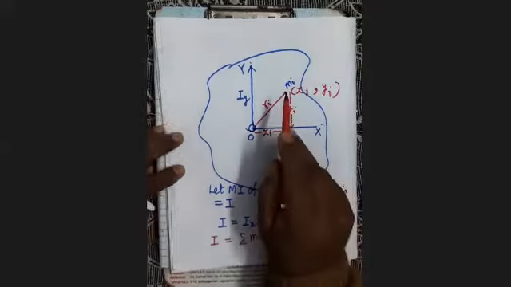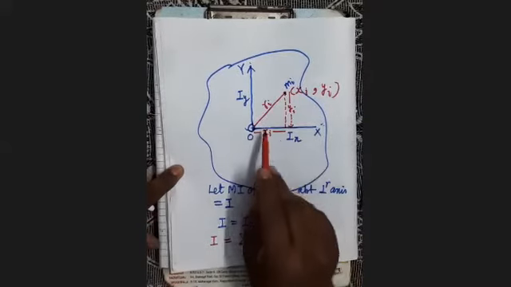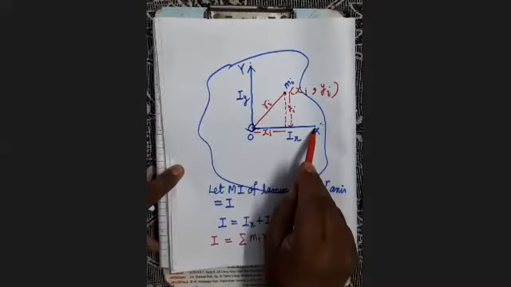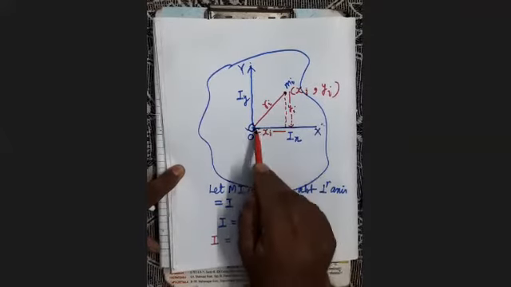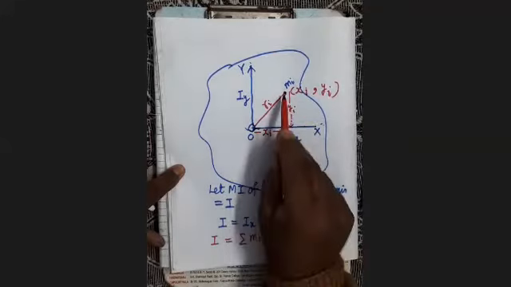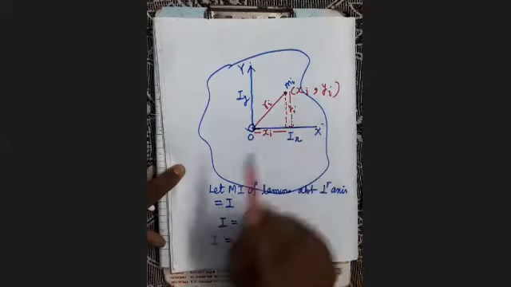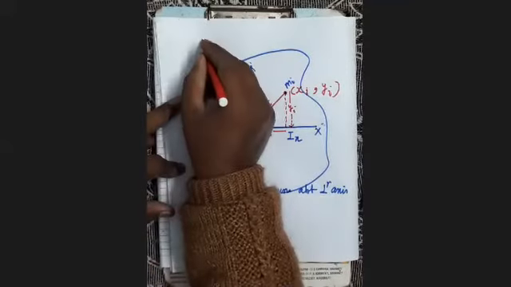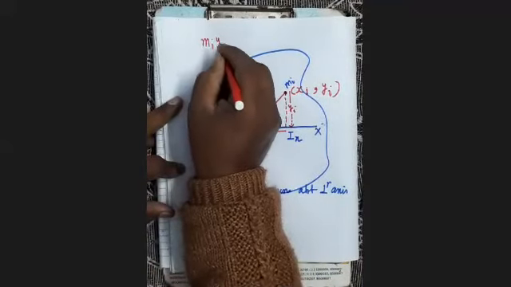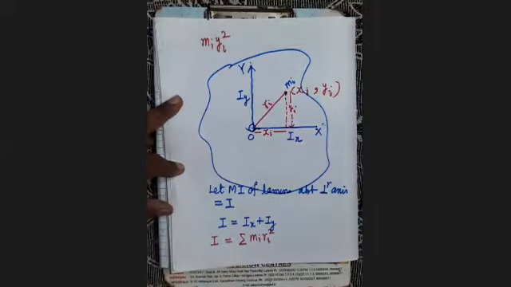If we determine the MI of this particle about x-axis, तो इस पार्टिकल की x एक्सिस से परपेंडिकुलर डिस्टेंस क्या है? yi के बराबर. So it will be mi yi स्क्वायर.